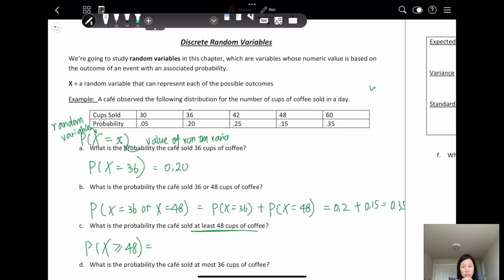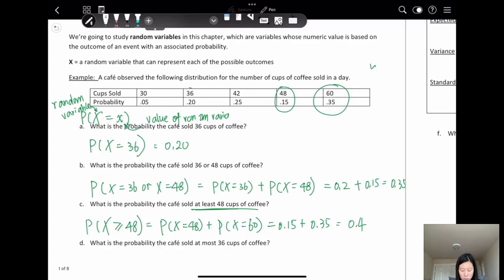Which part is greater than or equal to 48? When they sell 48 cups and 60 cups. So that means we have X equals 48 plus X equals 60, which is 0.15 plus 0.35, which is 0.5.